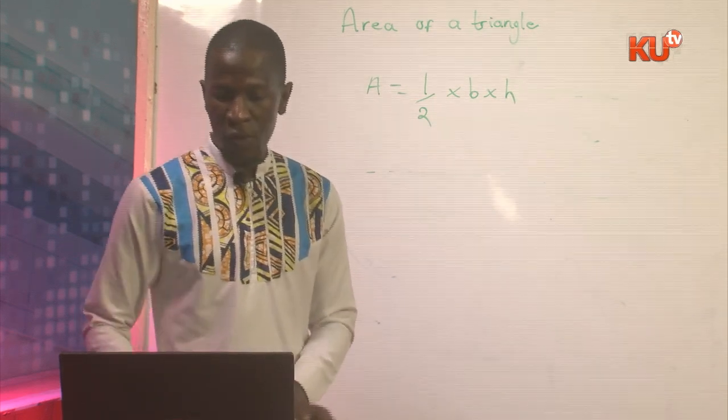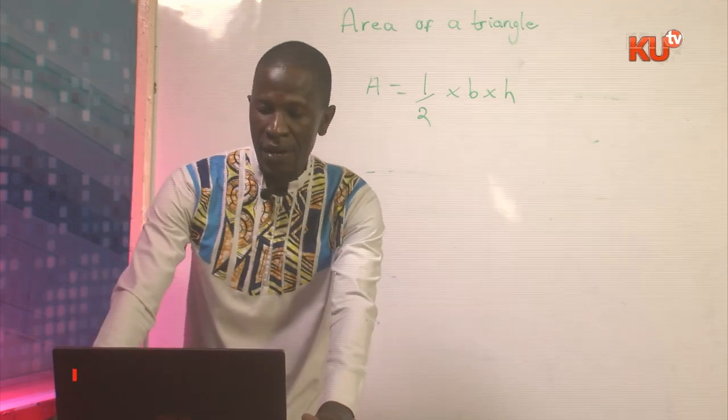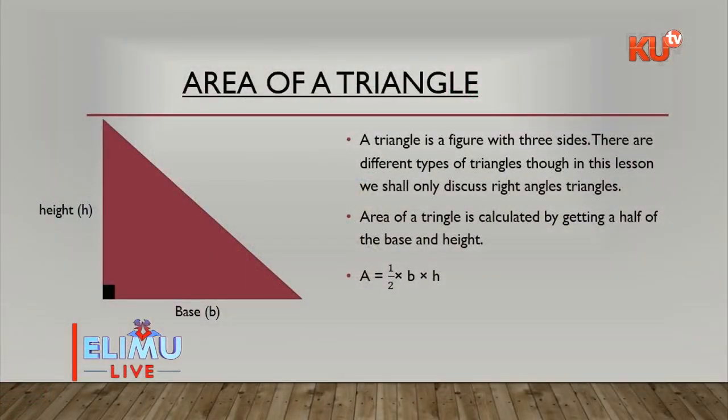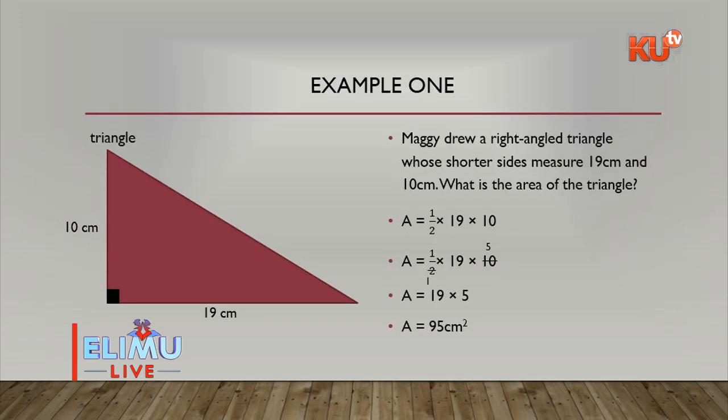Now, as you can see on your screen, there is a question on example 1 which states: Maggie drew a right angle triangle, whose shorter sides measure 19 centimeters and 10 centimeters.